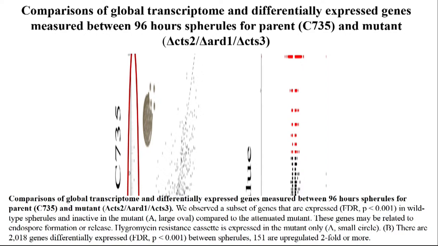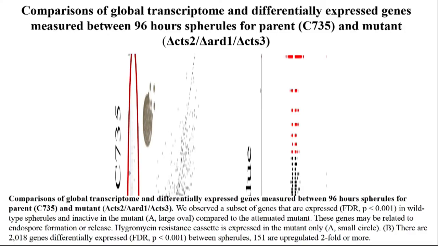So this is just comparing mutant versus wild type genes, looking at the direct transcript profile. What we observed is there was only a single gene that was highly expressed in the mutant that was not highly expressed in the wild type, and that turned out to be the resistance cassette that we used for the knockout.